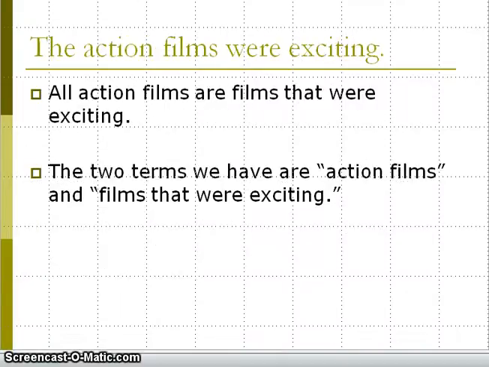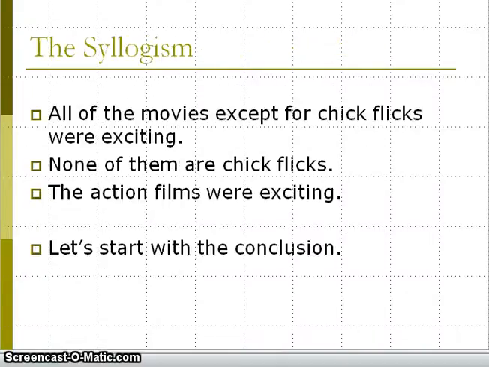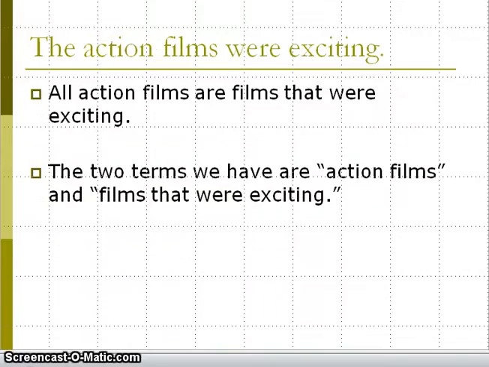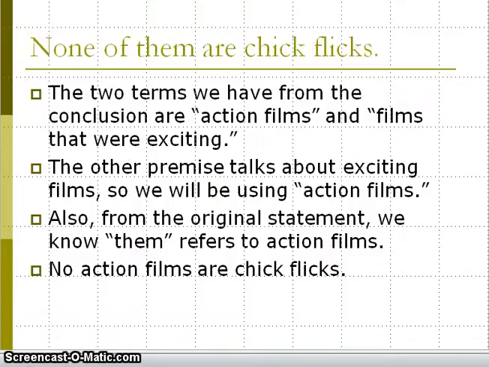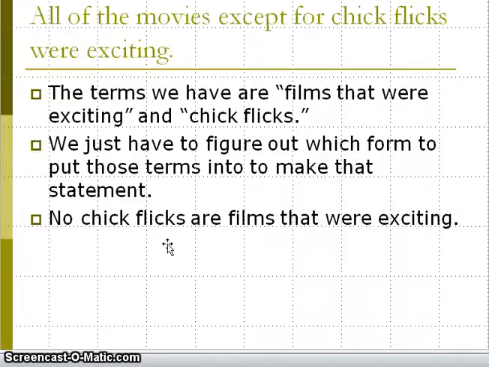So we're just using terms that we've already used and adding a new one, chick flicks. So the terms we have are films that were exciting and chick flicks.